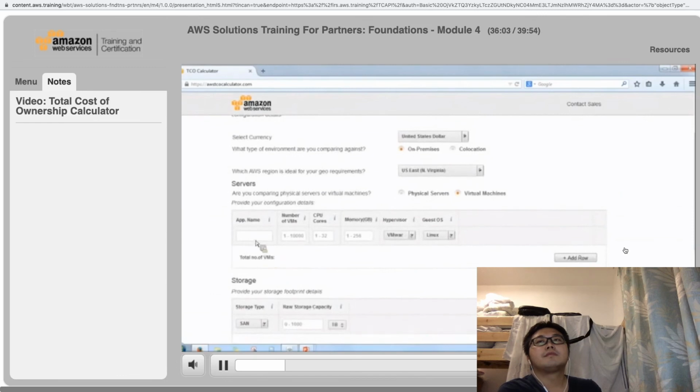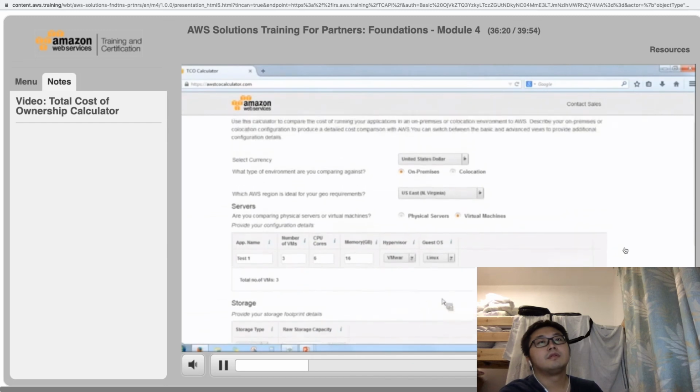So for example, if we wanted to run a simulation called Test 1 that required 3 virtual machines, 6 CPUs, 16 gig of memory, and we needed 3 terabytes of storage.